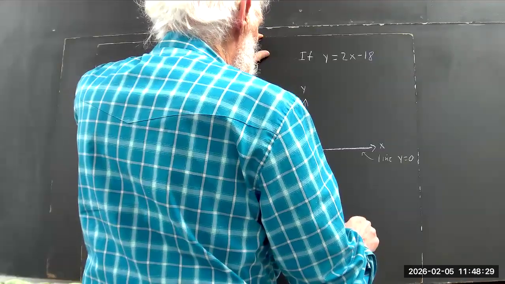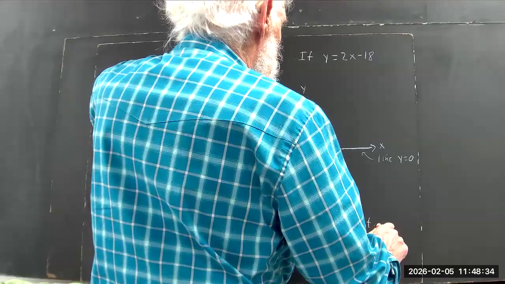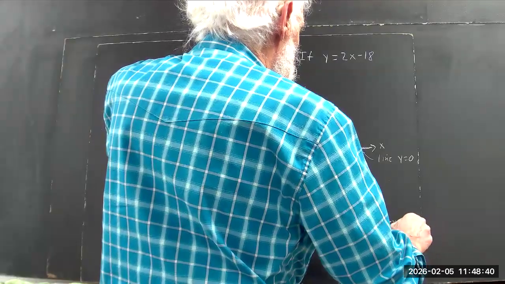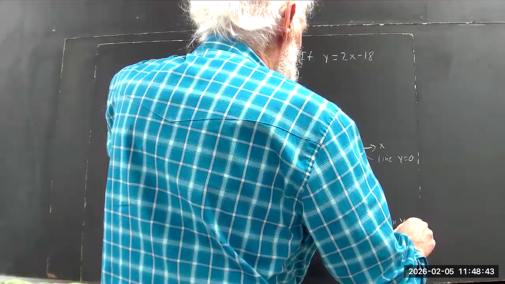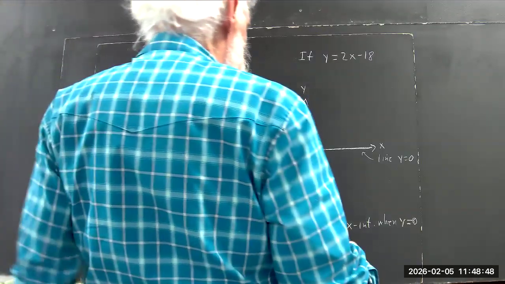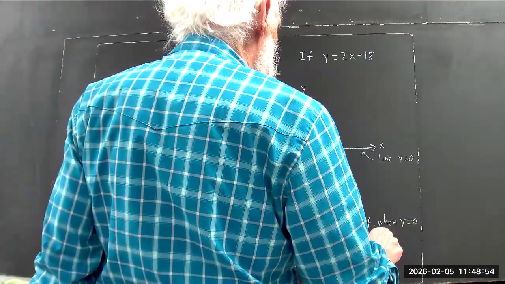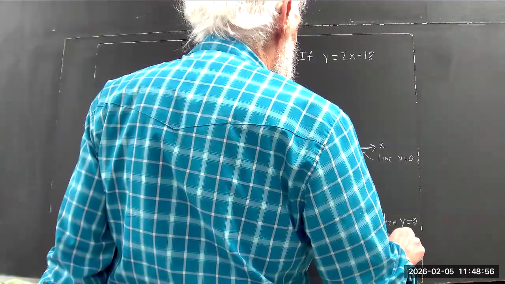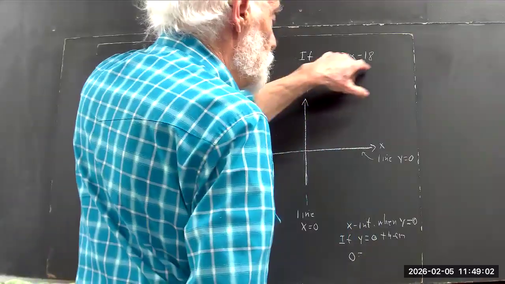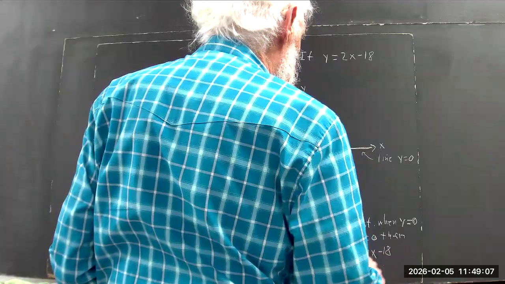I don't want to clutter up my board here. So the x-intercept happens when y equals 0. If y equals 0, then your equation y equals 2x minus 18 becomes 0 equals 2x minus 18.